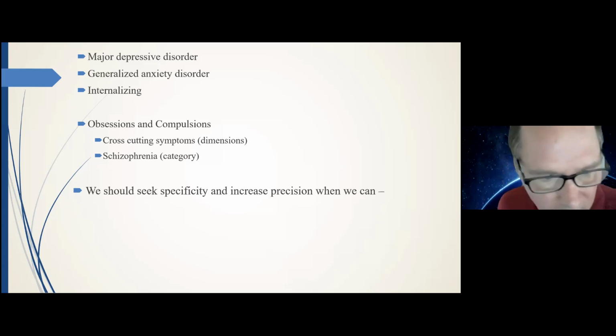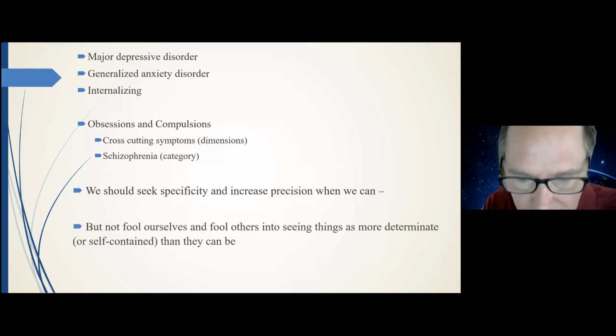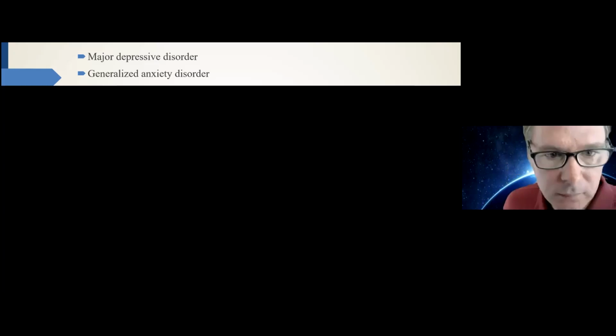You should never do that. And so we should seek specificity and increase precision where we can, but not fool ourselves and others into seeing things as being more determinate or self-contained than they can be. And that's that.